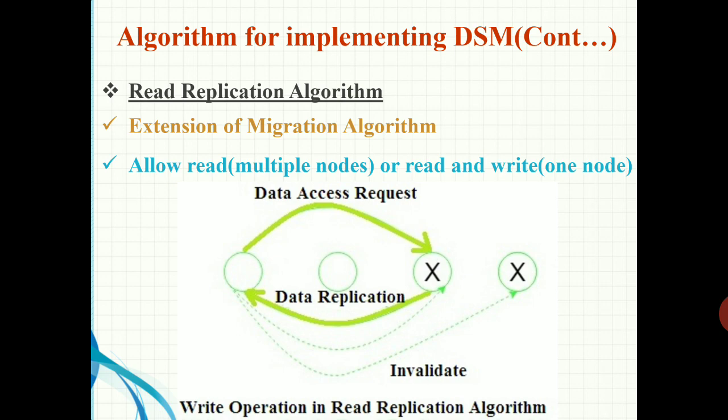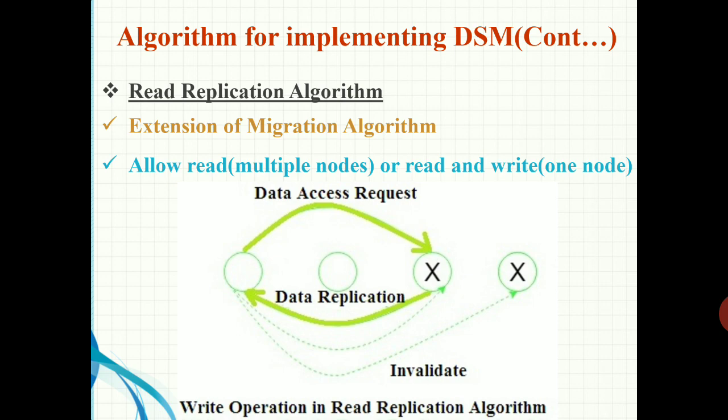If a particular data is copied to a node, then after the update, if any data is invalidated or updated, it must be reflected in all the replicas. Replica means copies, replicas in the system. So the write operation is expensive.